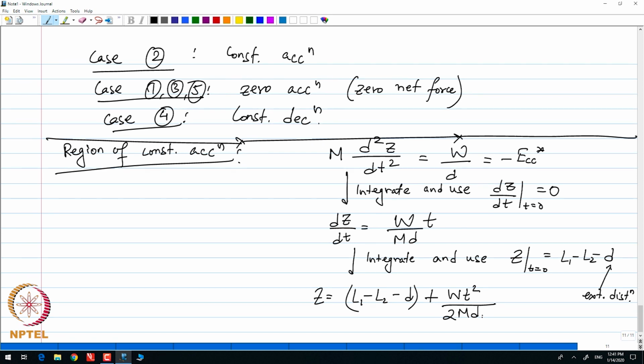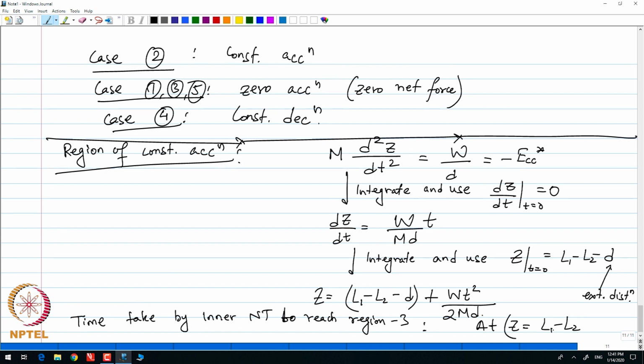We want to see the time taken by this oscillator, this inner nanotube, to reach region 3. Region 3 is when it has travelled to z equal to L1 minus L2.